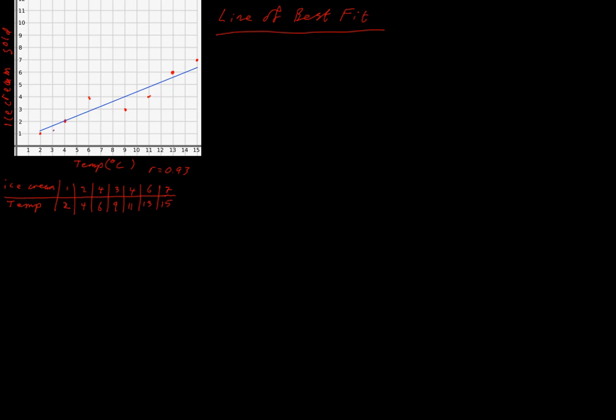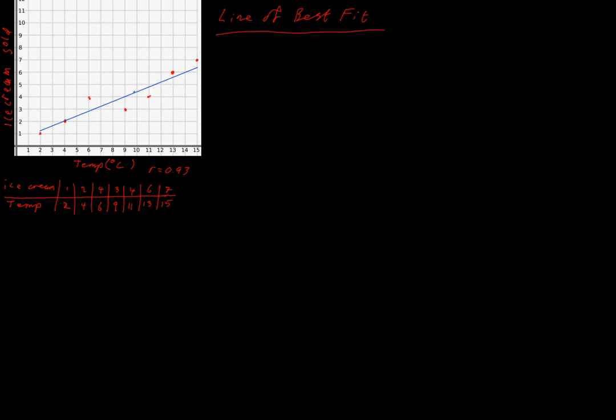Obviously, if you had perfect correlation, if we had an r value of 1, all of the points would be sitting on a perfectly straight line. But here we just have a strong correlation, and remember our r value for this situation was roughly 0.93 from our calculators.